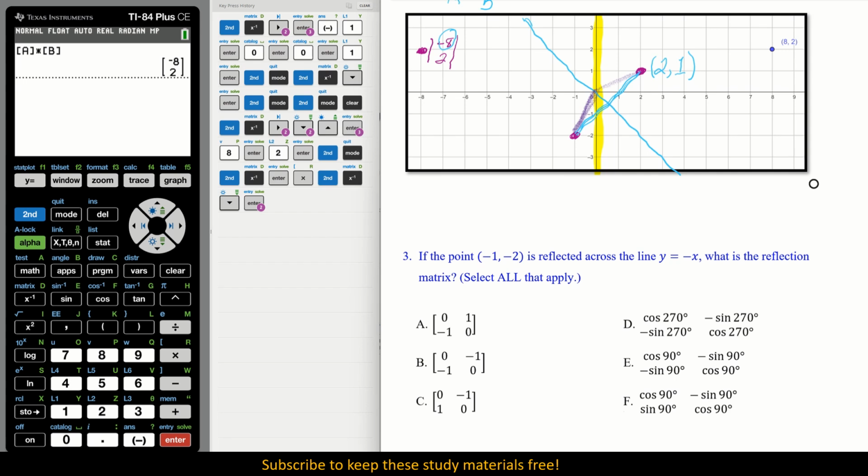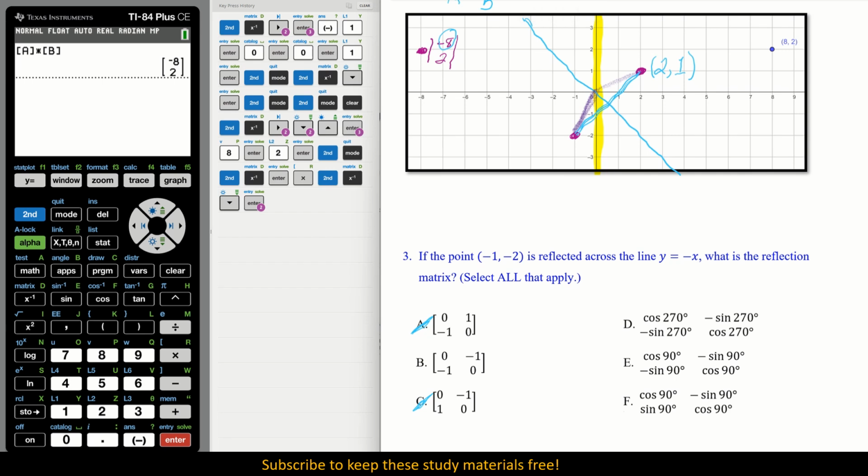But for this situation, let's look at our table. We know that A is not an option because, again, this is a rotation, and C is, again, a rotation.